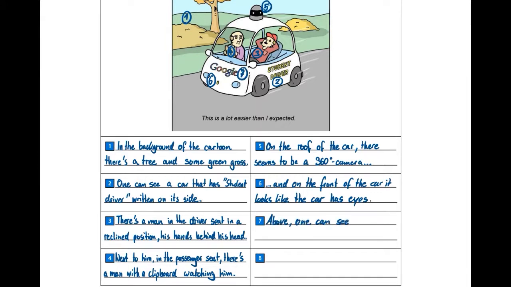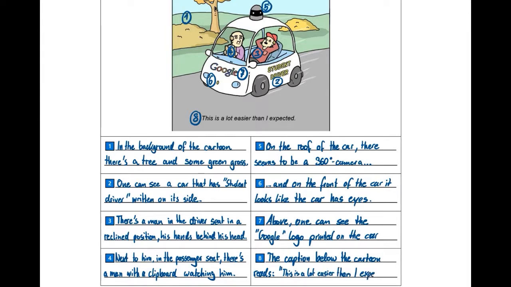For number 7, we could say above, one can see the Google logo printed on the car. And last but not least, we have to describe the caption. So the caption below the cartoon says, "This is a lot easier than I expected." And that's that for the description. Let's move on to the analysis.